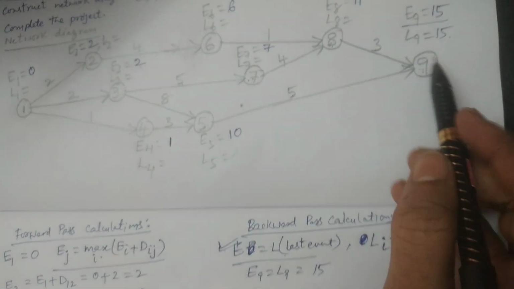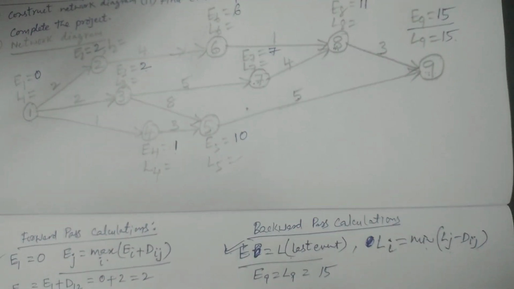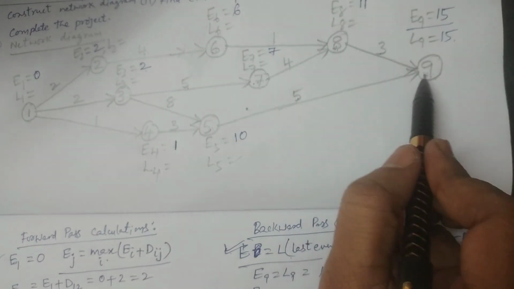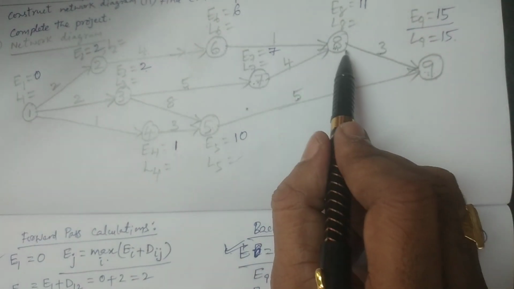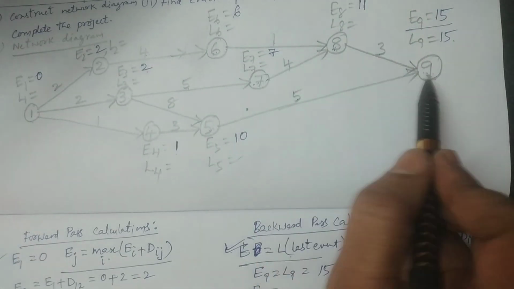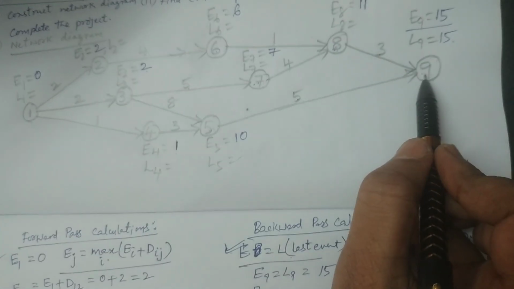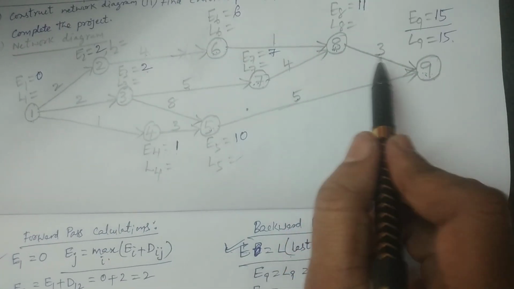Now you have to come back from the ninth event to the first event. That is, we have to consider the next one, 8, E8. You see here the connection. How many connections are there starting from 8? We are moving back from 9 to 8. We have only one connection, 8 to 9.